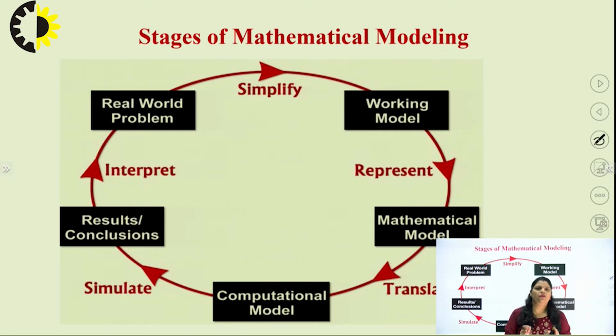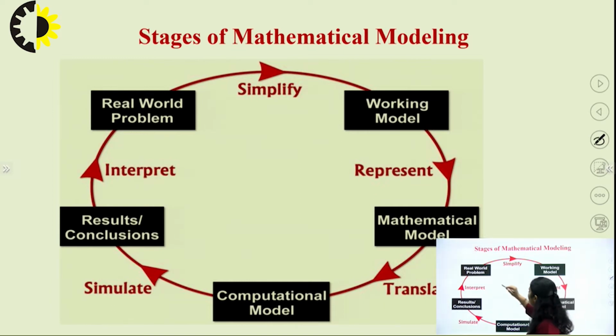After that we interpret the solution and then validate our model. And after validating the model, we criticize or improve our model if any deviations are present in it. So, these are the different stages of mathematical modeling.